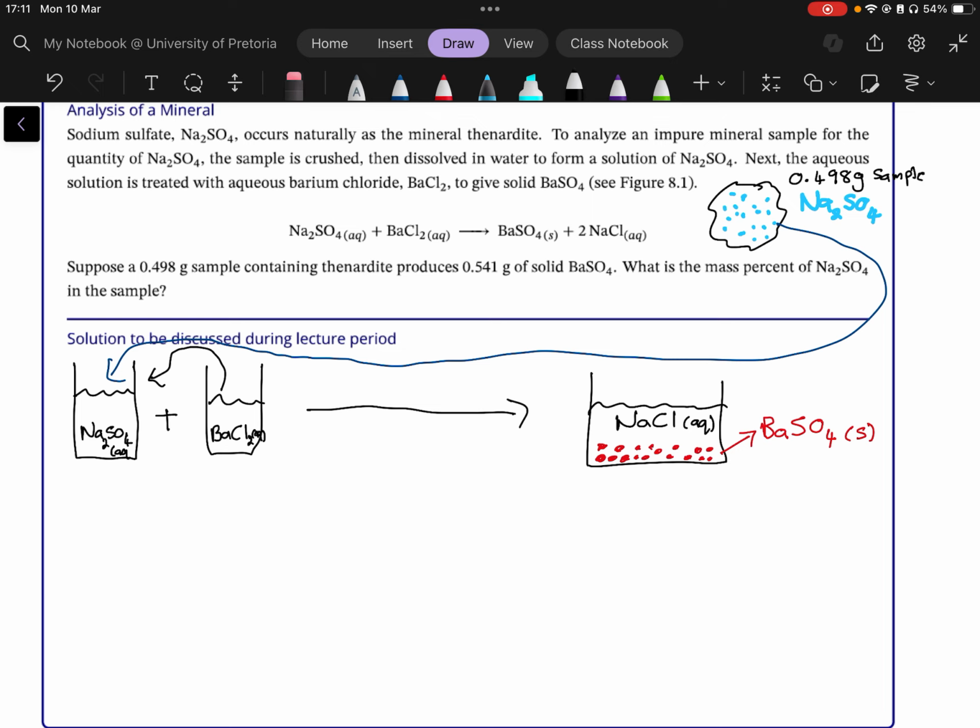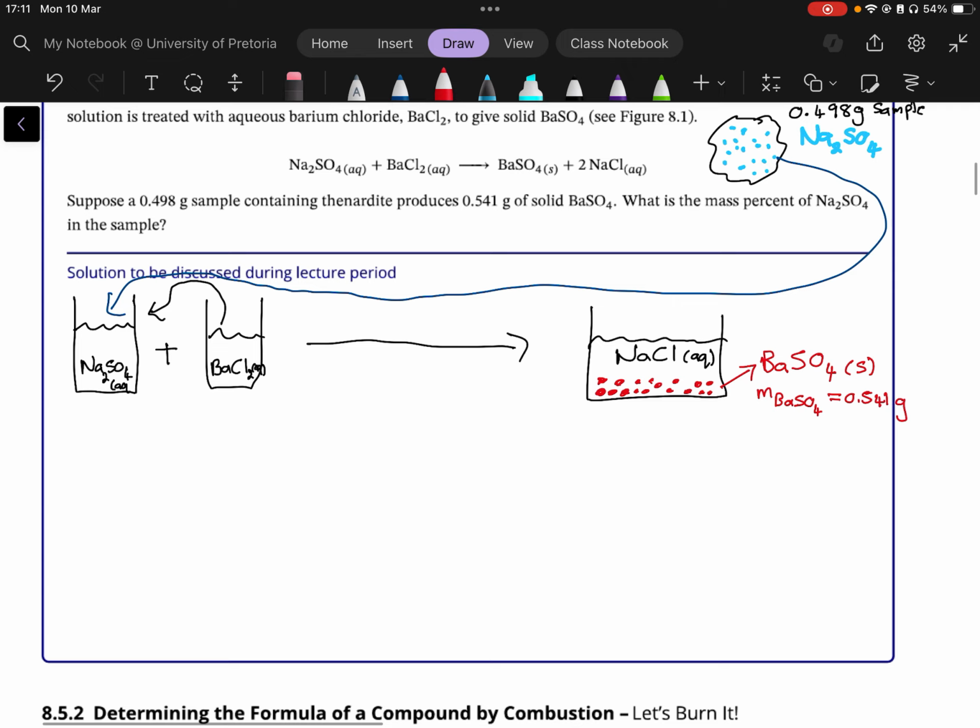And then we're also given the mass of this solid barium sulfate. The mass of the barium sulfate that forms, that we weigh out, is equal to 0.541 gram.